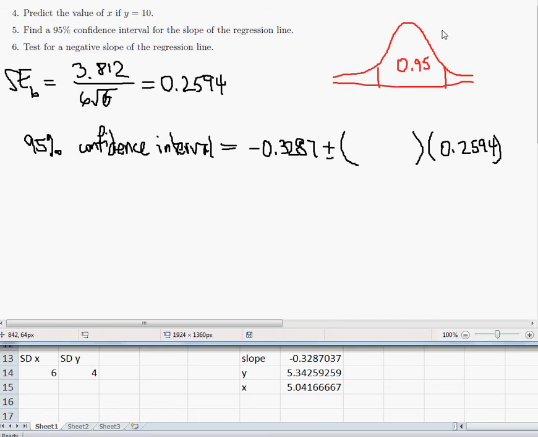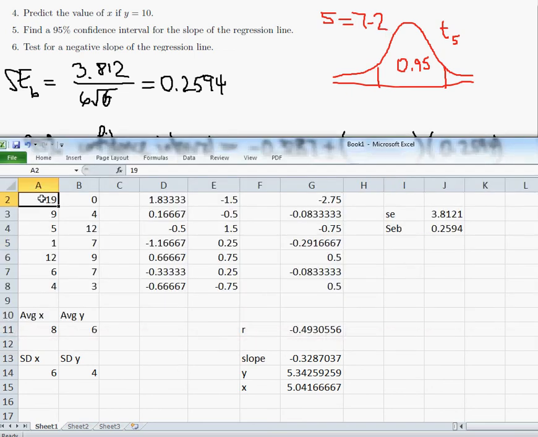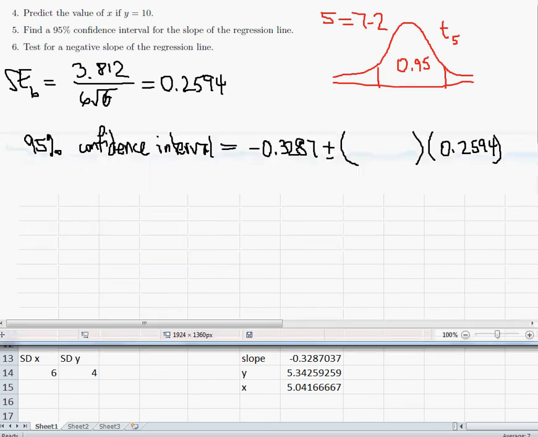And in this case, I have a t distribution with 5 degrees of freedom, because 5 is equal to 7 minus 2. The number of degrees of freedom is the number of points. In this case, I had 7 points, 7 x and y coordinates, so 7 minus 2.